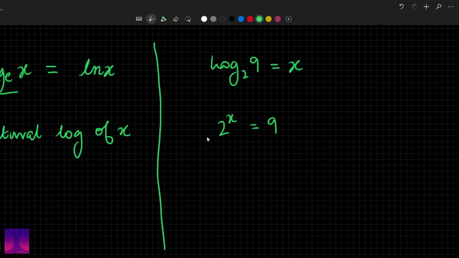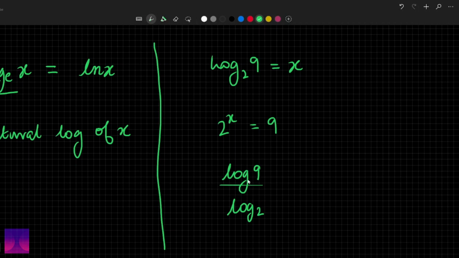So how do you do this sum? Well, you use the change of base method. You just take log of 9 divided by log of the base, log of 2. Now you can easily find this by putting it into a calculator.